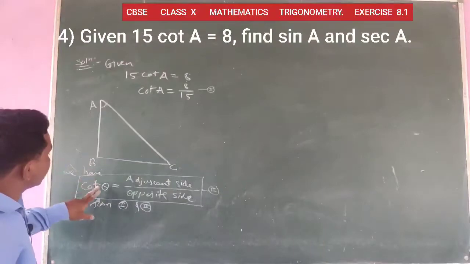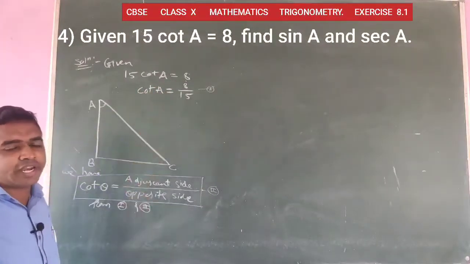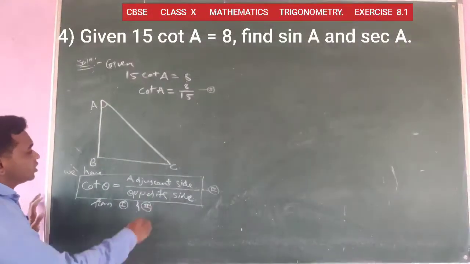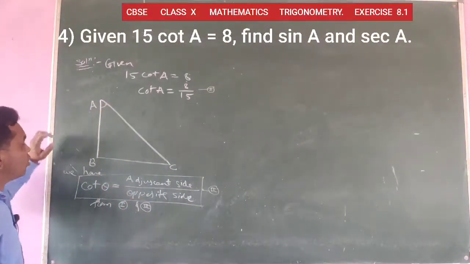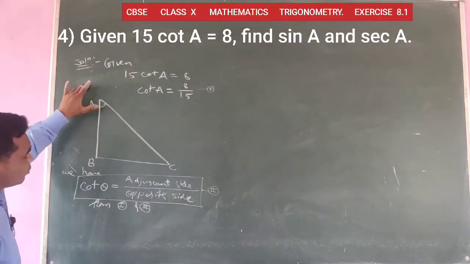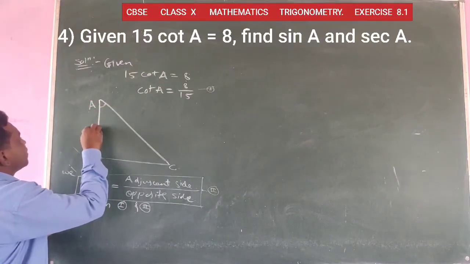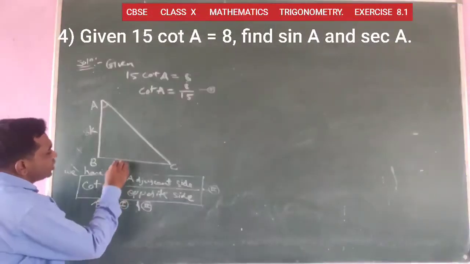If we consider the angle theta equal to angle A, the adjacent side is equal to 8K and the opposite side is 15K.